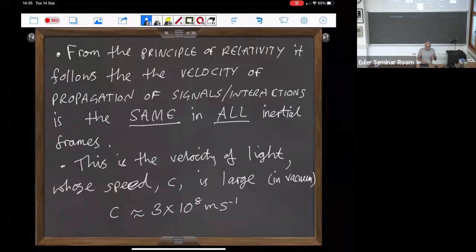In order to probe nuclear and subnuclear distances, one requires particles of extremely high energies and extremely high velocities. So the protons in the Large Hadron Collider, when it's at operational energy, are moving very, very close to the speed of light, because their energies are thousands of times larger than the rest mass of the proton.